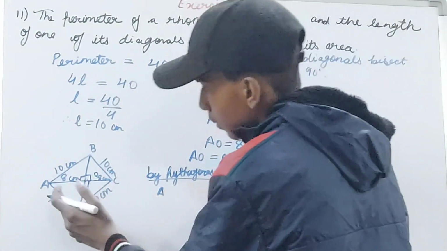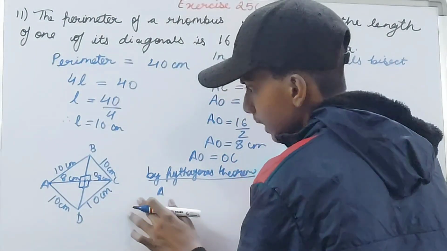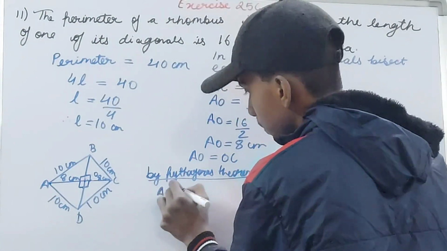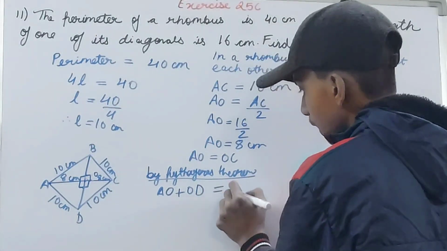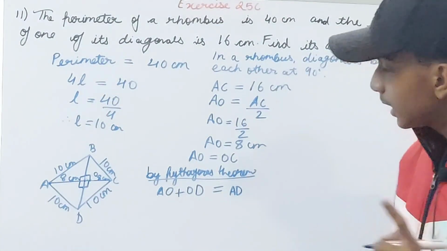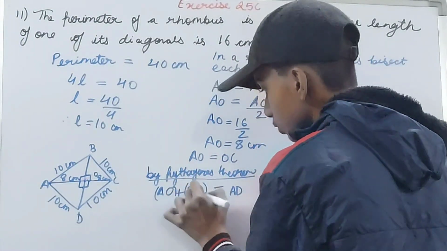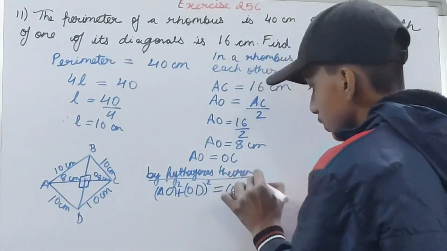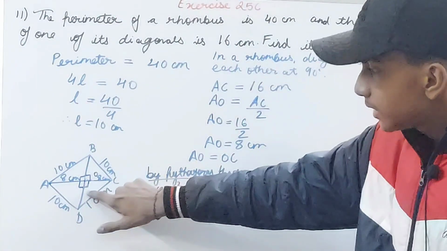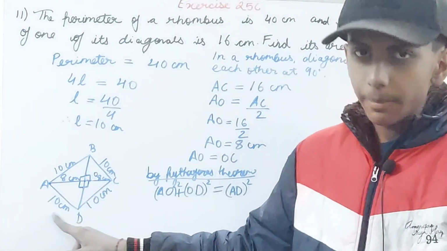So AO plus OD is equal to AD, no, there is one mistake, we need to add the square. So AO square plus OD square is equal to AD square. Base square plus perpendicular square is equal to the square of the hypotenuse.